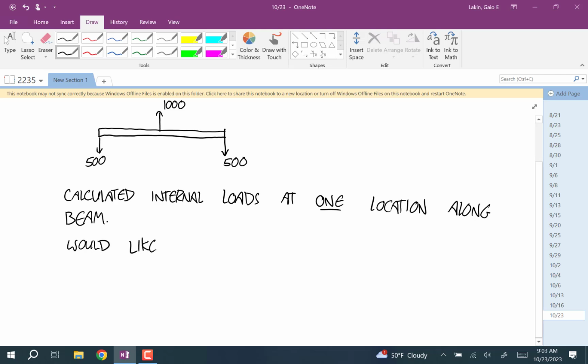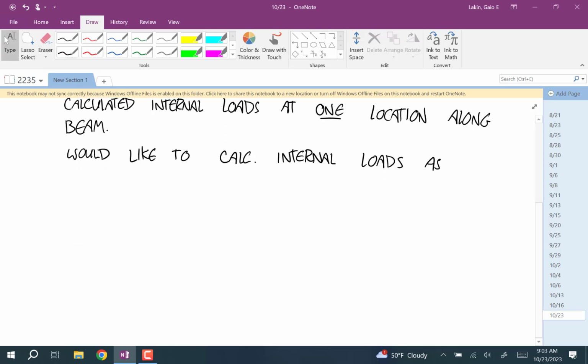What we'd like to do now is calculate internal loads as a function of the location along the beam.